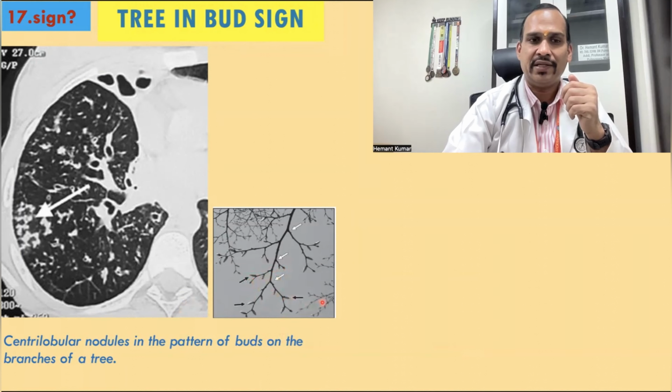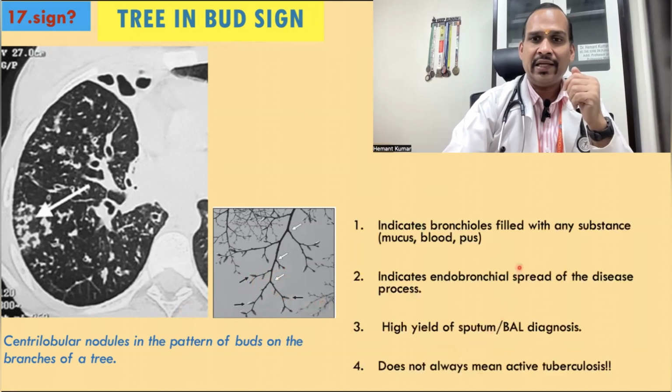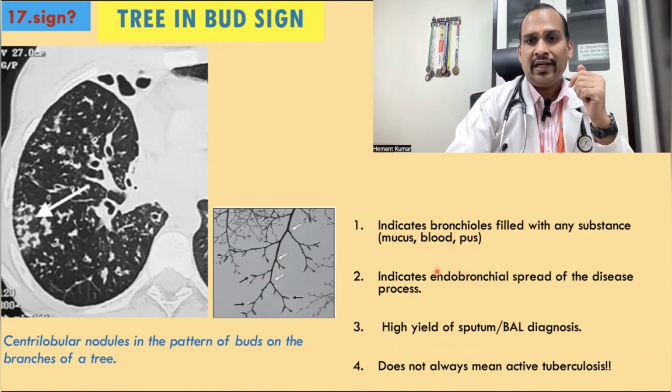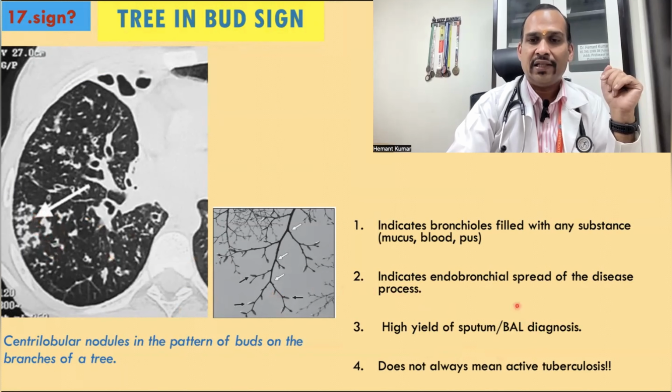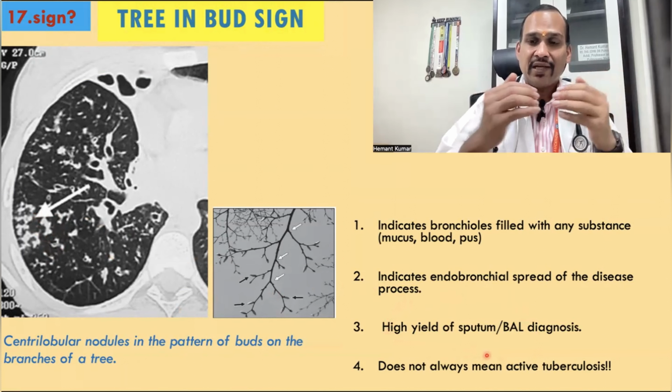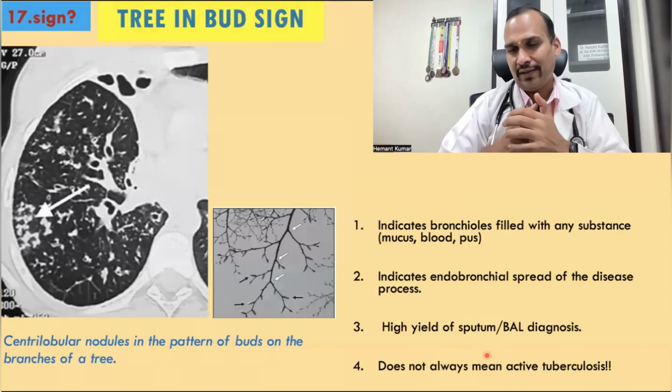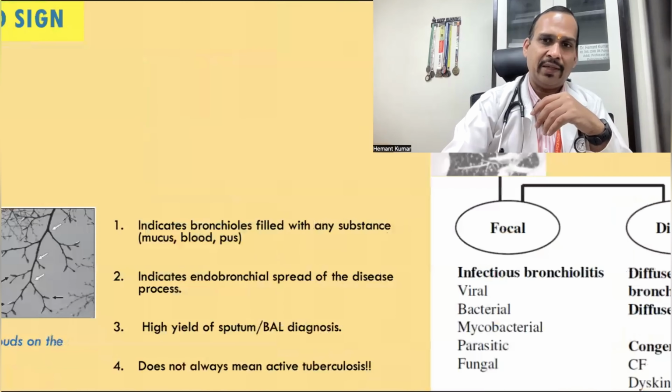So this indicates bronchioles filled with any substance, let it be mucus, blood, or pus, and it indicates endobronchial spread of disease, not always seen in tuberculosis. And whenever you find tree in bud appearance, then there is high chance of getting diagnosis by sputum or BAL. This is tree in bud appearance.